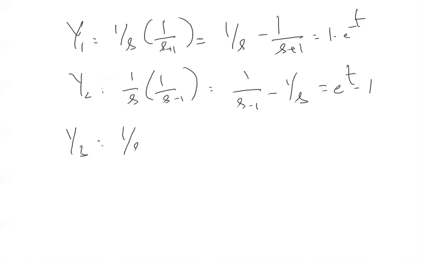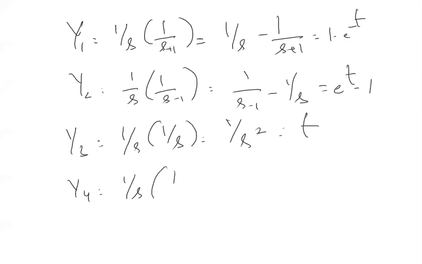Y3 equal to 1 by s into 1 by s, 1 by s square. So which is t. Y4 is 1 by s into 1 by s minus i. So what is the transform? How do you split 1 by s minus i, minus i by s?